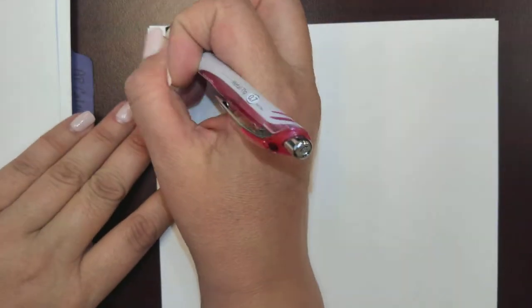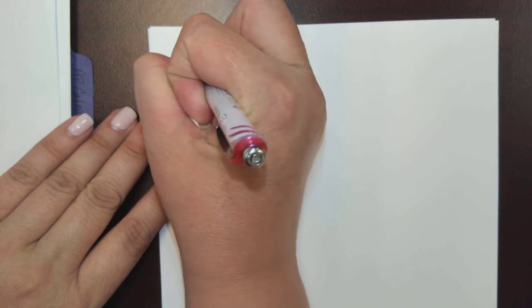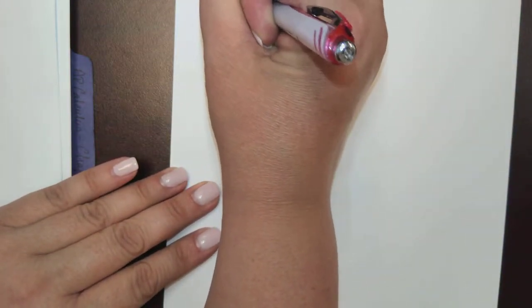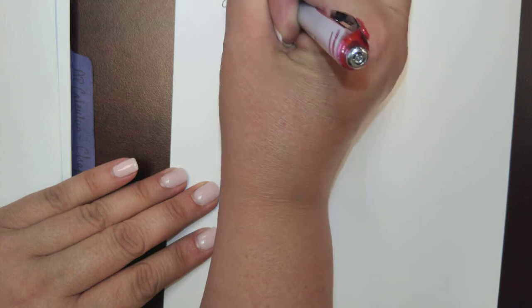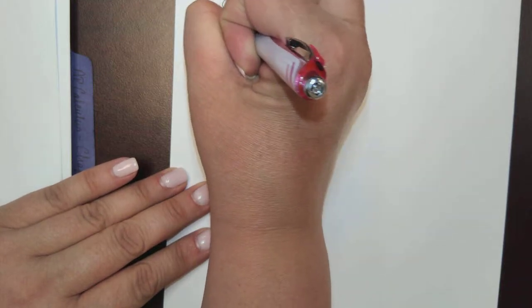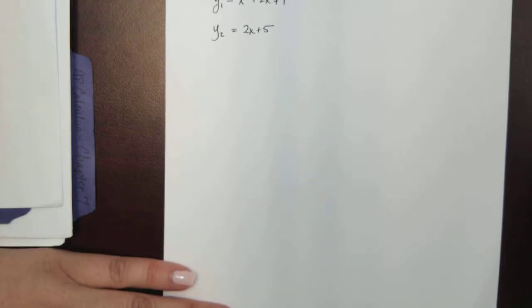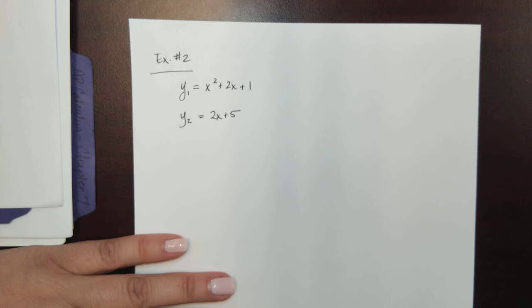This is example number 2. Same thing, we need to find intersection points. They give us y1 equals x squared plus 2x plus 1, and y2 equals 2x plus 5. That's it. I need to graph these.